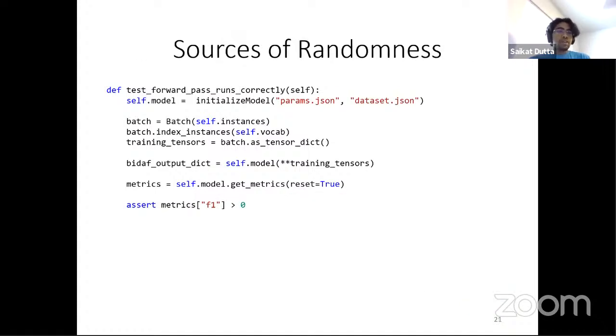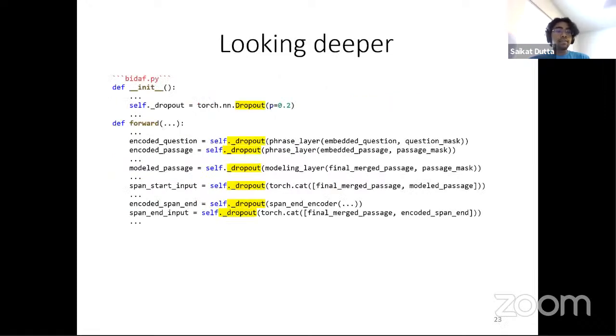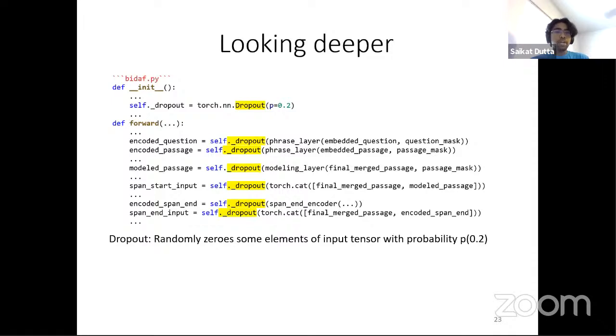So even though on the surface level there seems to be nothing wrong with this test, there can be several sources of randomness here. For instance, this call to the forward pass of the model has 6 calls to the dropout function. The dropout function is a common technique used in machine learning training, which randomly zeroes out some elements of the input tensor with some probability p. Here p is 0.2. And as you can guess, this affects the neural network weights during every forward pass.